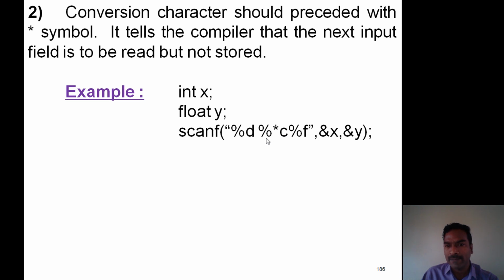It is an indication for the compiler for the given format: read an integer value, a character value, and a float value, but store only the integer and float values. Here the integer and float values are stored in the variables x and y. So these are the two additional features included in the scanf library function, which is known as the formatted input statement.